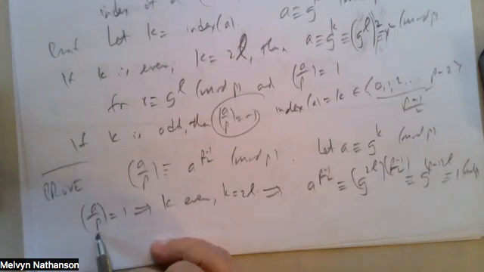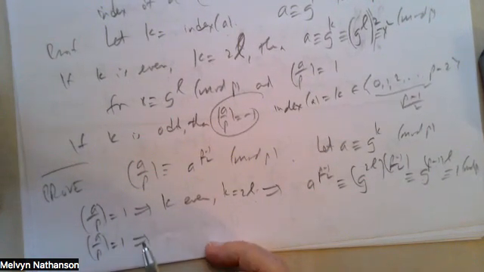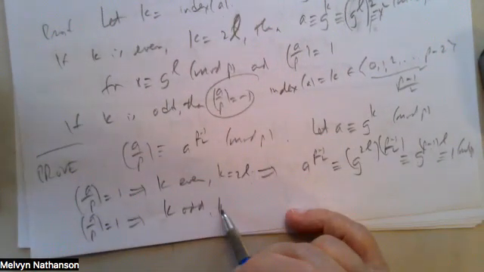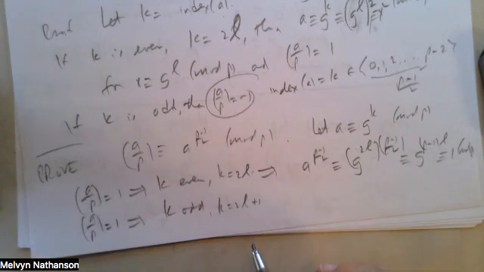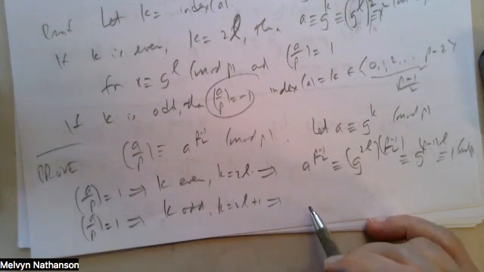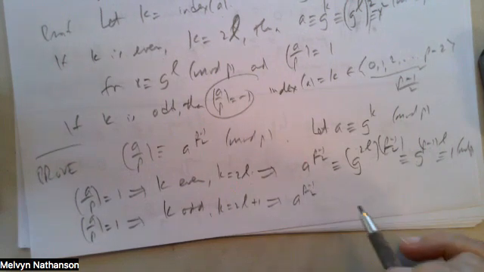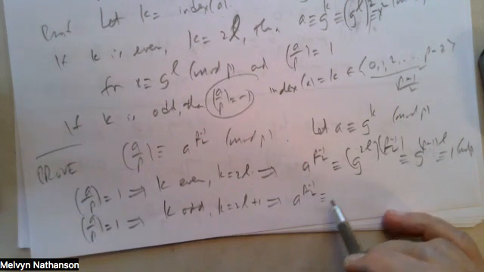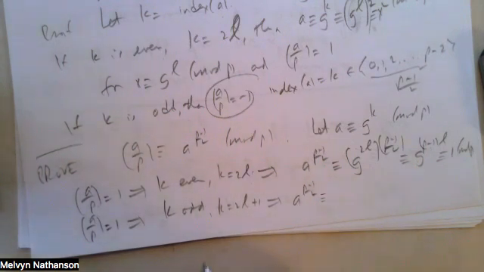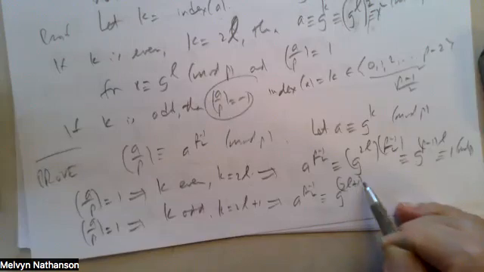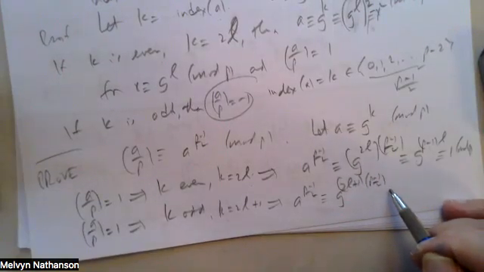And if A over P is minus 1, that means that K is an odd number. K is 2L plus 1. And that means that A to the P minus 1 over 2, what is A? A is G to the 2L plus 1, times P minus 1 over 2.